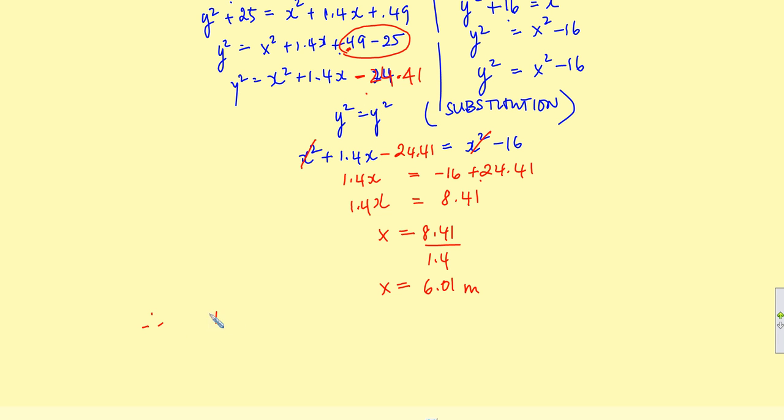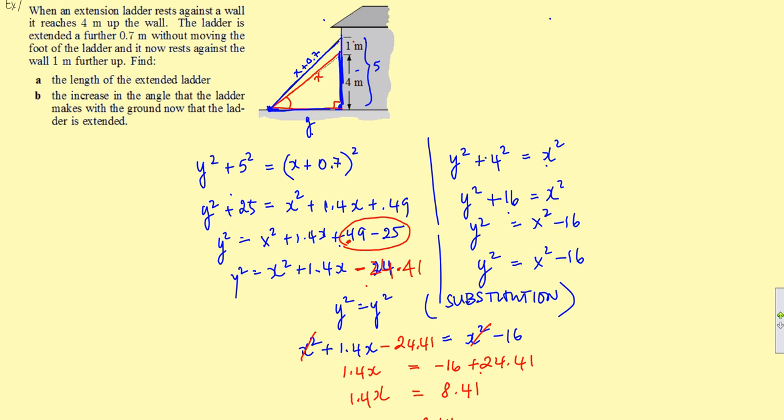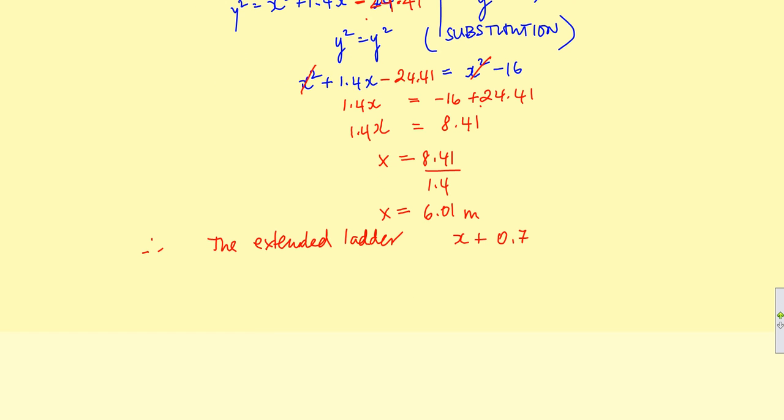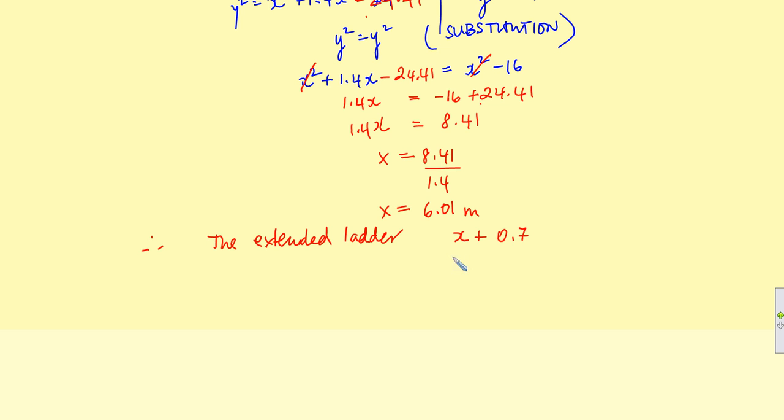Therefore, the extended ladder must be x plus 0.7, if I'm not mistaken. Let's just take a look at the diagram. Yep, it's x plus 0.7, because it's just 0.7 meters more. So it would be 6.01 plus 0.7, and we end up with 6.71 meters.